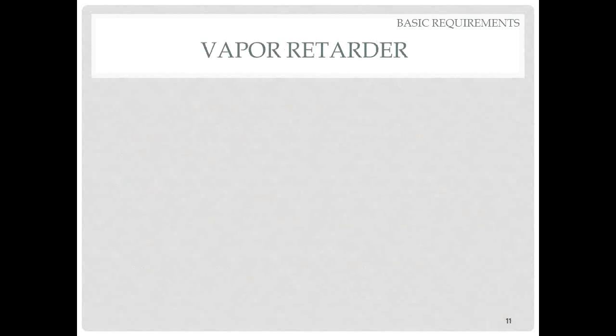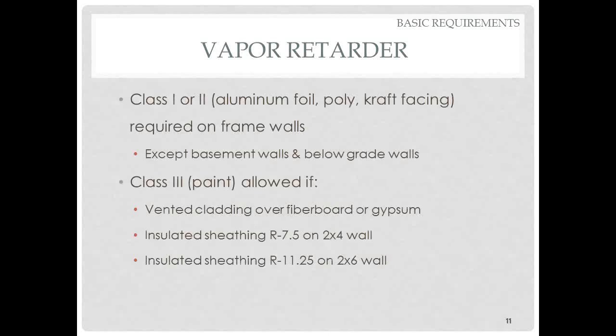There's a requirement for vapor retarders. This has been not loosened up, I would say, but made more flexible with this version of the code. It used to say that you needed a Class 1 vapor barrier everywhere.